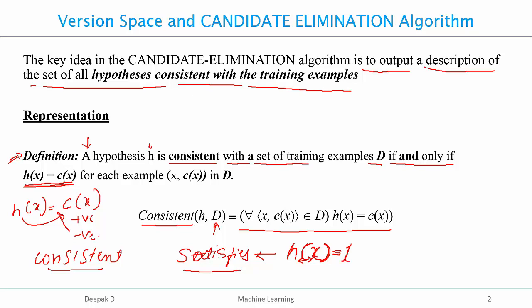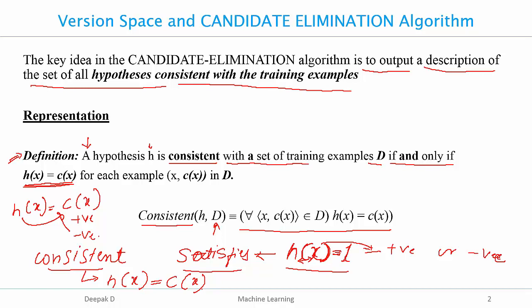It is denoted as h(x) equals 1, whether this instance is a positive instance or a negative instance. That is not considered in this satisfies definition. Whereas in consistent, you should remember that any hypothesis defined over x has to classify based upon your target concept. So this is the condition. I hope you have understood this difference.